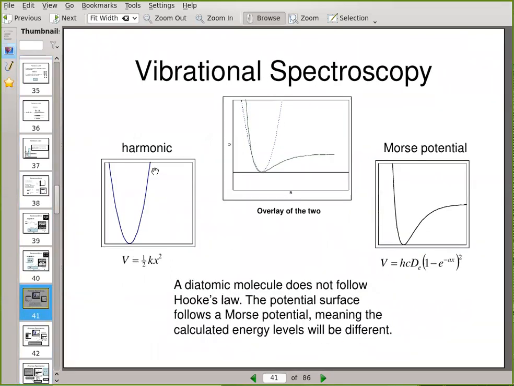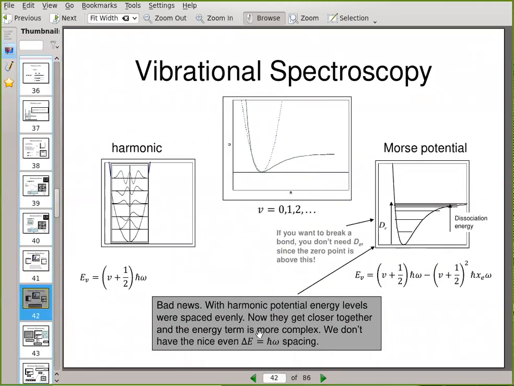Right. Now the problem is that this x squared potential does not match perfectly the real case, even though we knew in molecular mechanics that the overlay around equilibrium is quite nice. So if we were to stick that in the Schrodinger wave equation, we end up with an even more tricky situation.